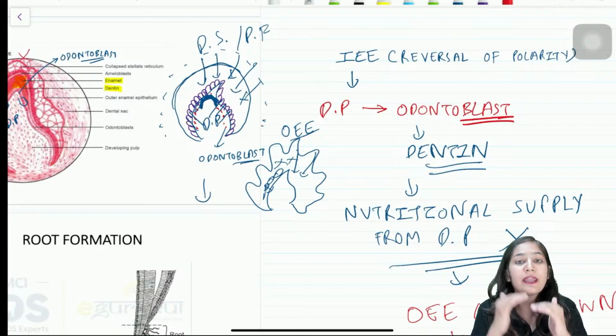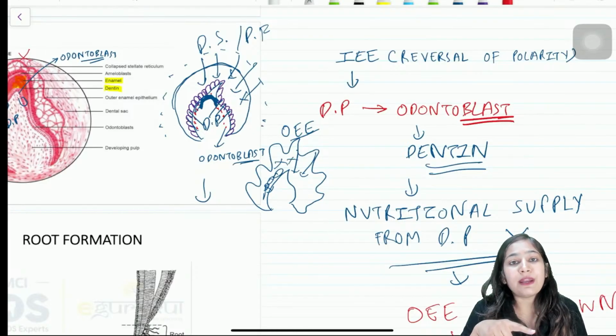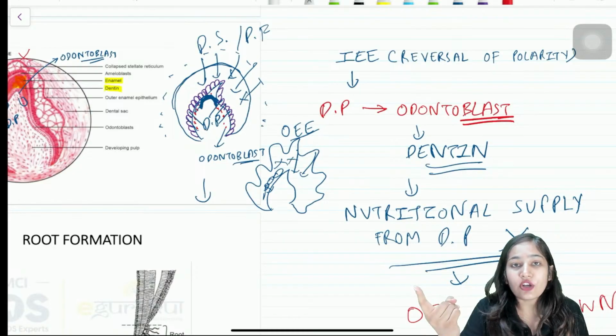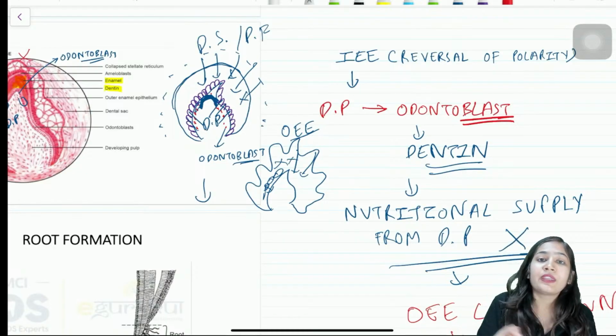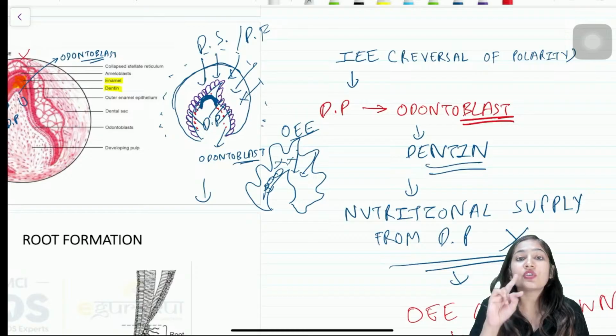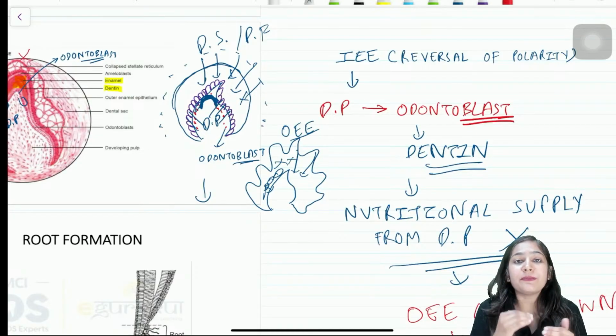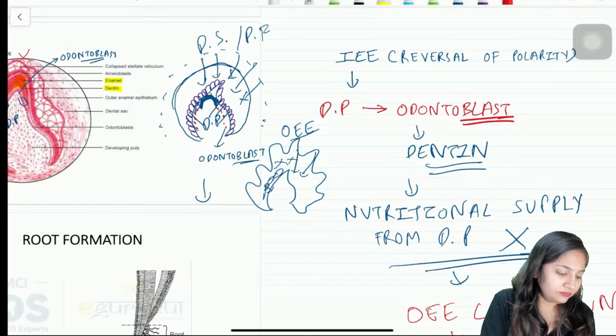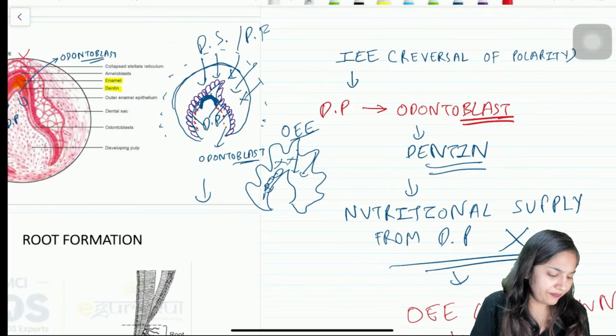So this formation of enamel and dentine is interdependent. It is not independent. Without inner enamel epithelial cells, odontoblast cells cannot be formed, and without dentine, enamel cannot be formed, right? So this formation is what? Reciprocal induction. Right?